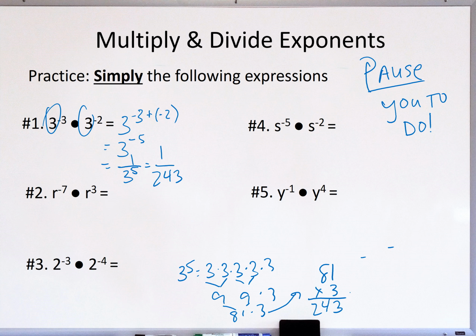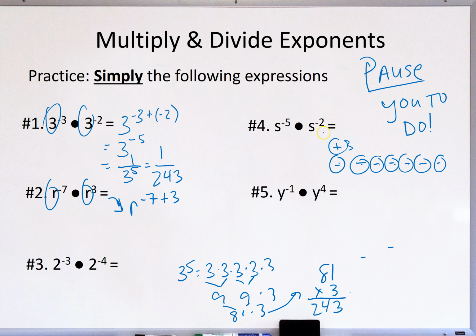Okay, the next one, we run out of room here. Let's do it down here. So I have the same base, r, so I have negative 7 plus 3. And again, I have a negative 7, 1, 2, 3, 4, 5, 6, 7, and a plus 3.